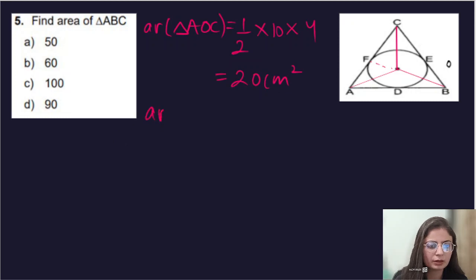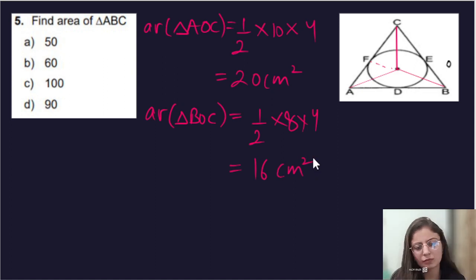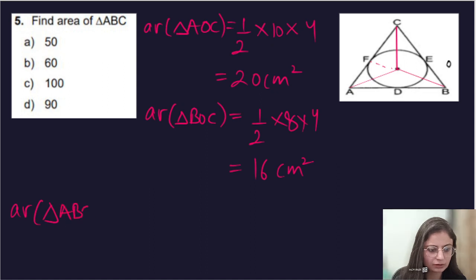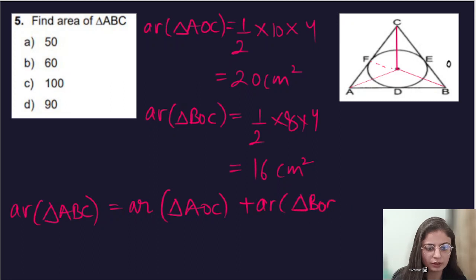Now similarly, let's find the area of triangle BOC. Again, the same formula, half into base, base is 8, into 4. Now this will be 16 unit square. Now to find the area of triangle ABC, I'll add the area of triangle AOC plus the area of triangle BOC plus the area of triangle AOB.